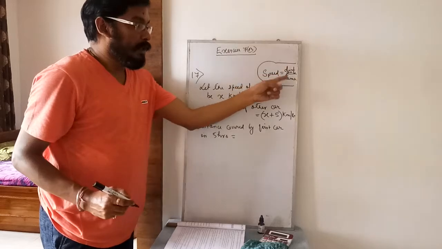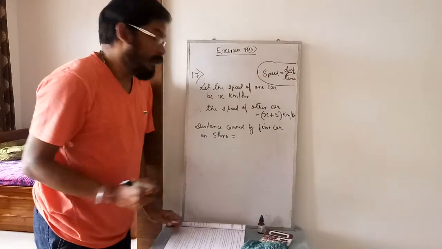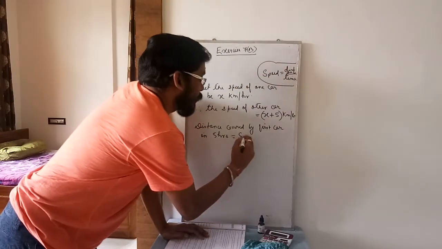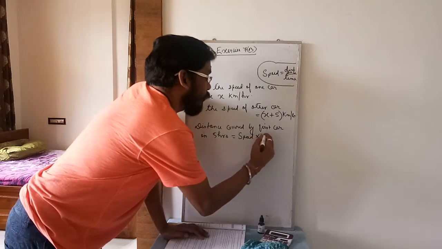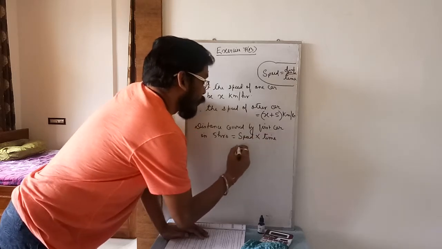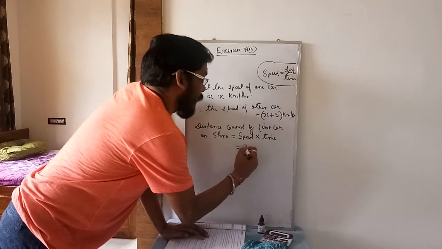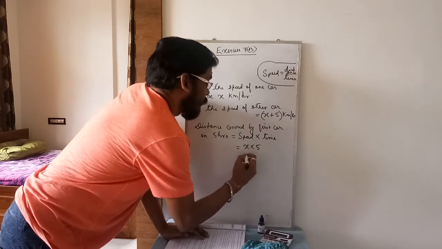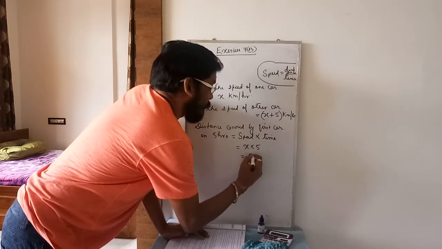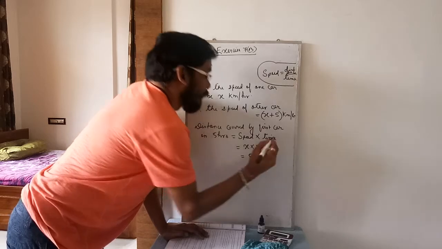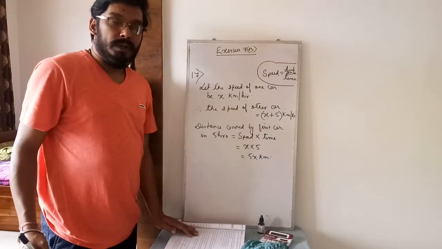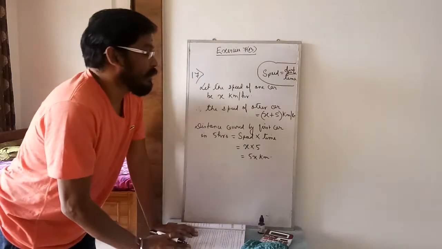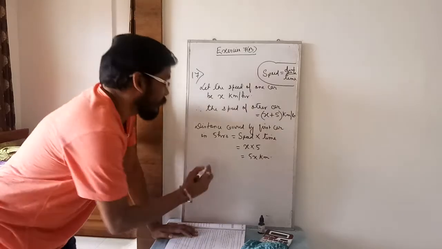Here I will use this formula. If speed equals distance by time, then distance equals speed into time. The speed is x and the time is 5, so it is 5x kilometer. This is the distance traveled by the first car in 5 hours.